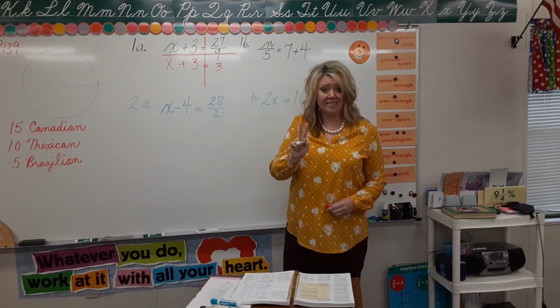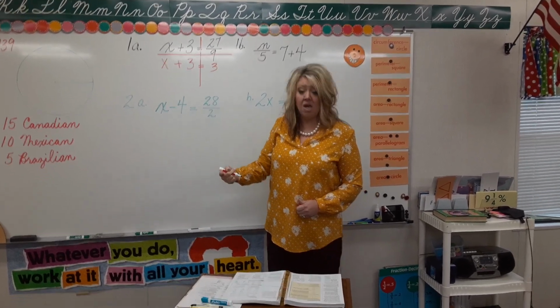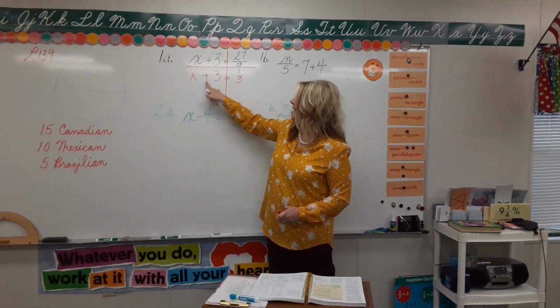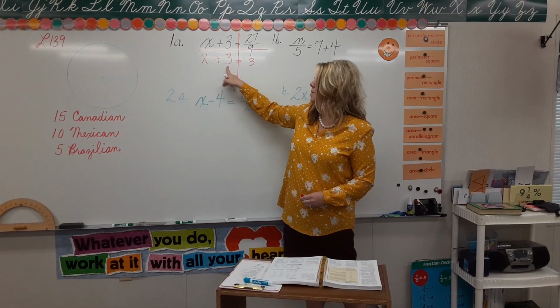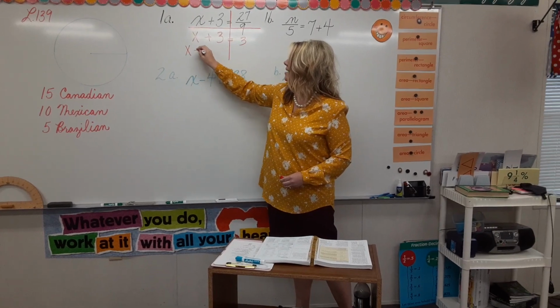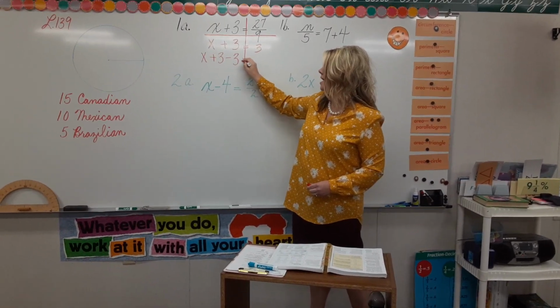Now the second step is to solve the unknown by doing the opposite of what this side of the equation says. So this says x plus 3. Therefore, the opposite of addition would be subtraction. So I will say on the left side, x plus 3 minus 3 equals.